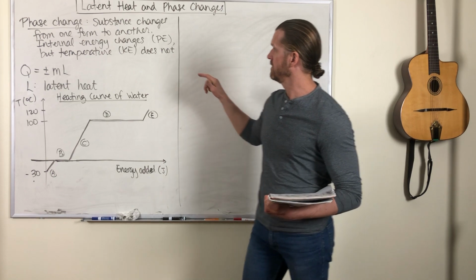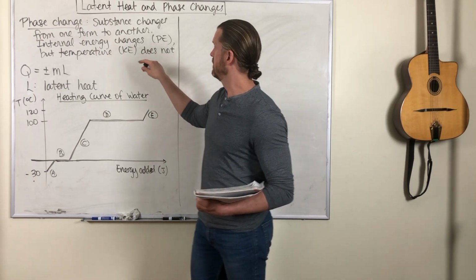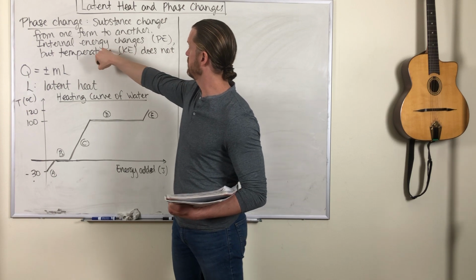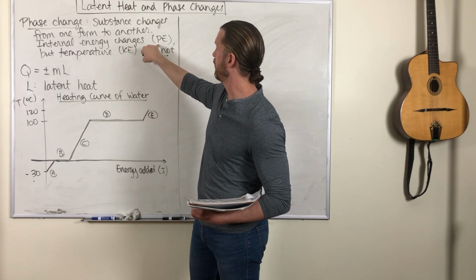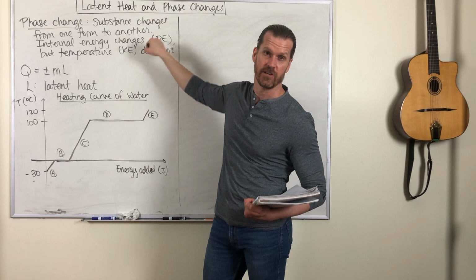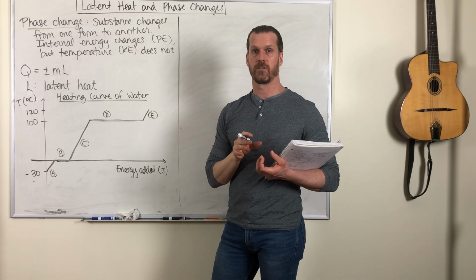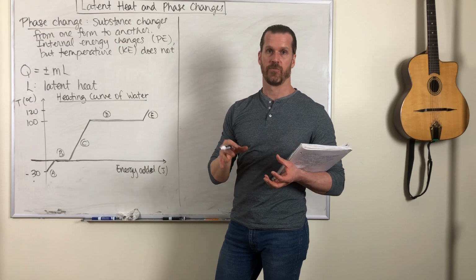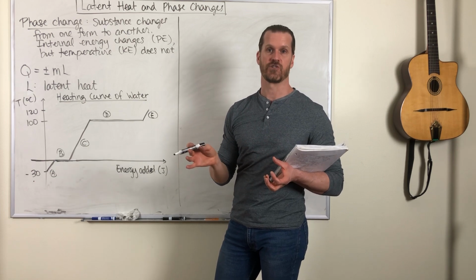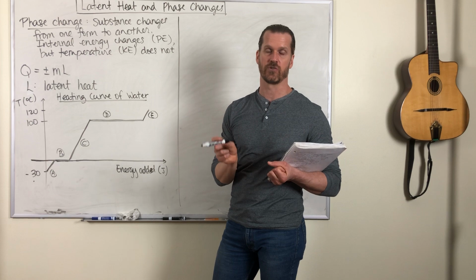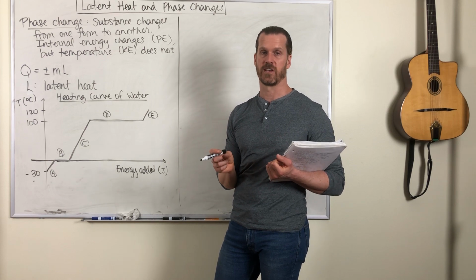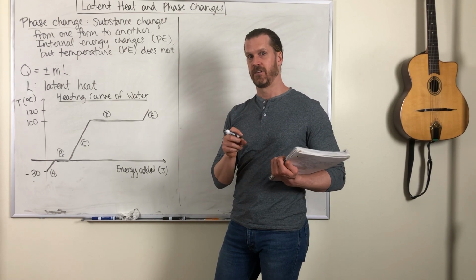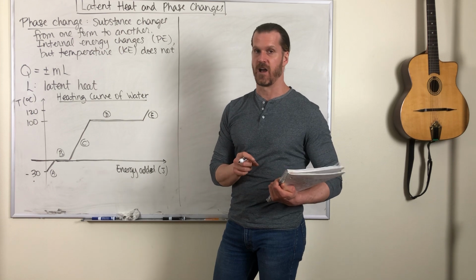All of that heat energy goes into changing the internal potential energy of the water. What's happening essentially is that the water molecules' separation is changing, and so the potential energy between water molecules changes, even as the kinetic energy does not.